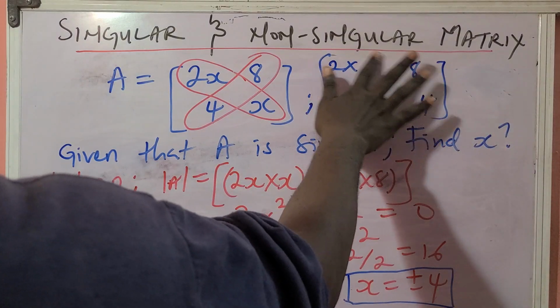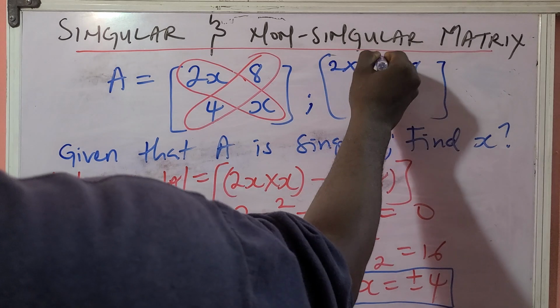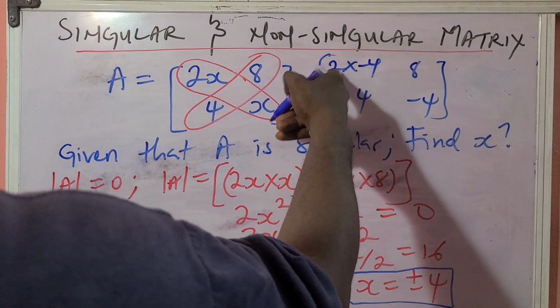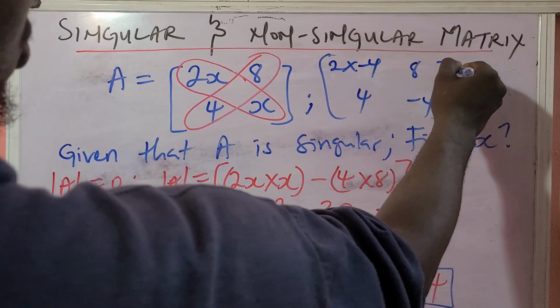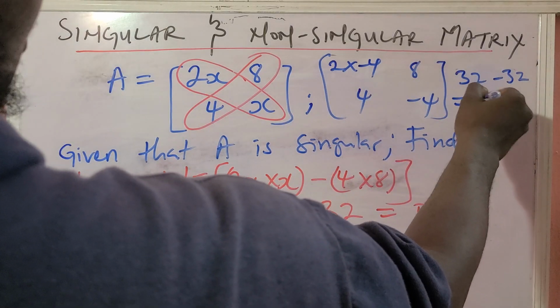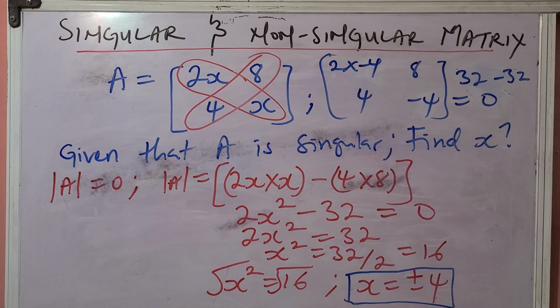And if you go on to make use of the value of minus 4 here, you would have minus 4 times 2, that will be minus 8. Minus 8 times minus 4 will be 32. Minus 32 also gives you 0. So that proves that the answer being plus or minus 4 is absolutely correct.